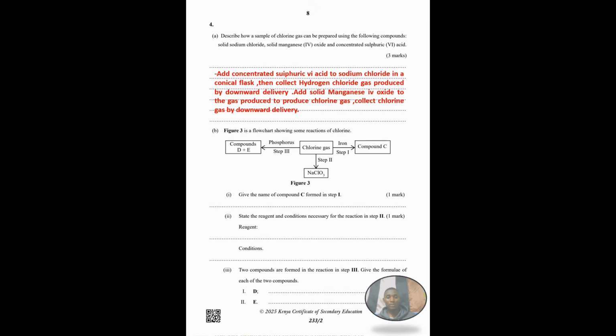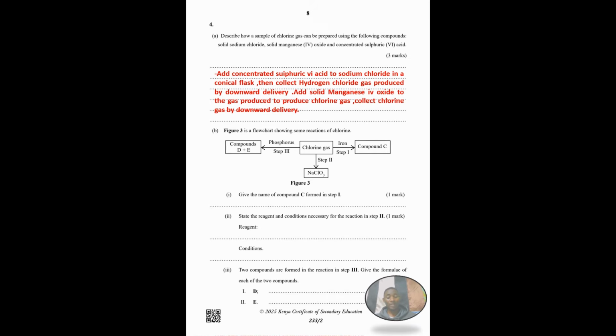Moving to the next question, figure 3 is a flowchart showing some reactions of chlorine. So we need to understand that we have several reactions of chlorine under the topic chlorine and its compounds, the chemical properties of chlorine.